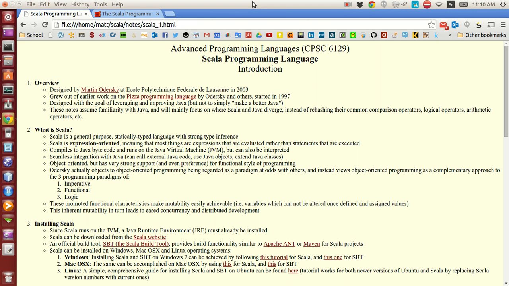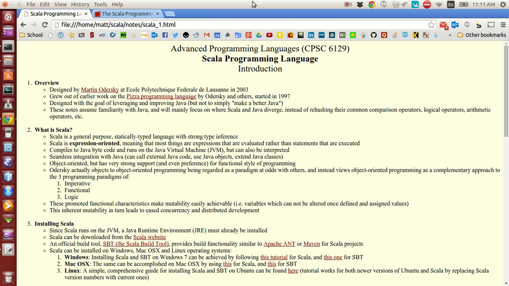which had the goal of adding generics and other functional programming constructs to the JVM. Now, eventually, generics and much later, functional programming were added to Java proper.